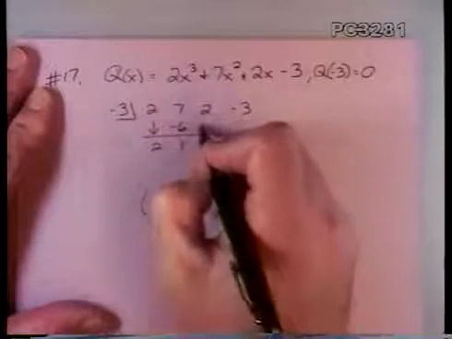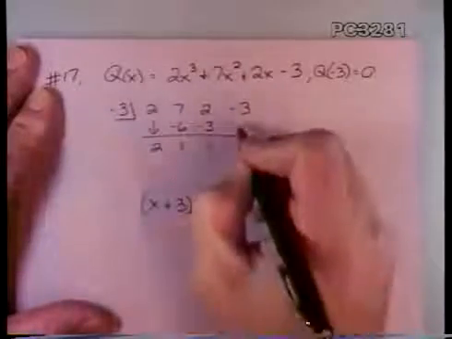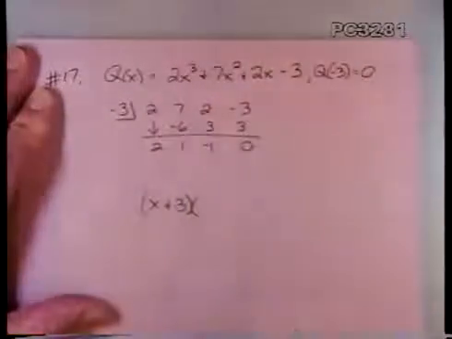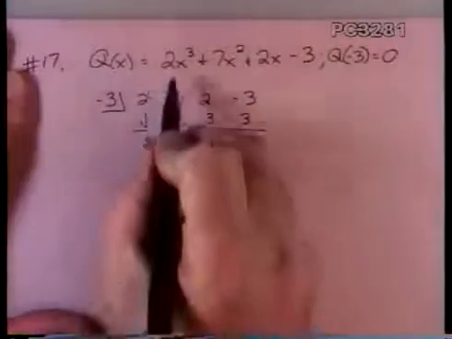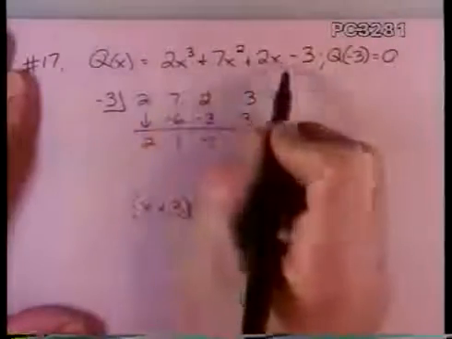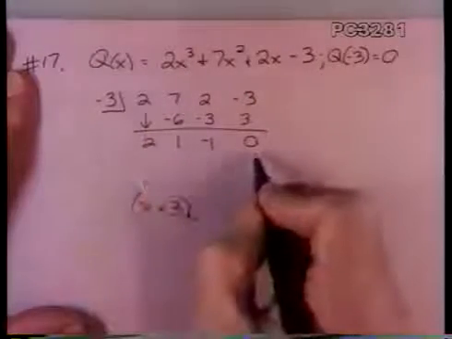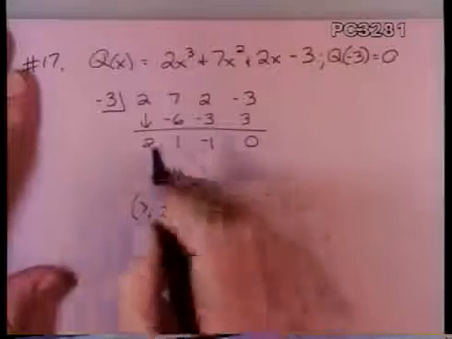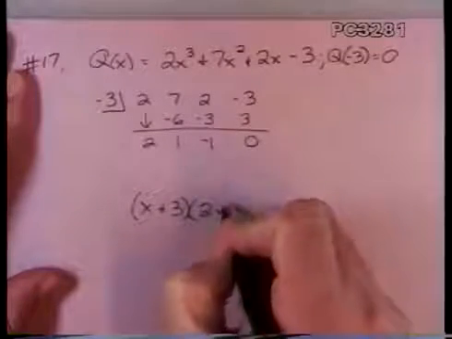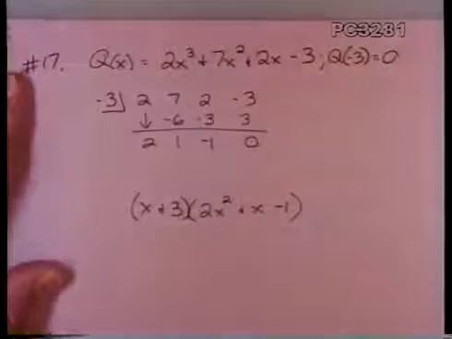Negative 3 times 1 is negative 3 plus 2 is negative 1. Negative 3 times negative 1 gives you positive 3. And there's your remainder of 0. So when I divide this by x plus 3, this is your remainder, that's your constant term, first degree term, second degree term. You get 2x squared plus x minus 1.